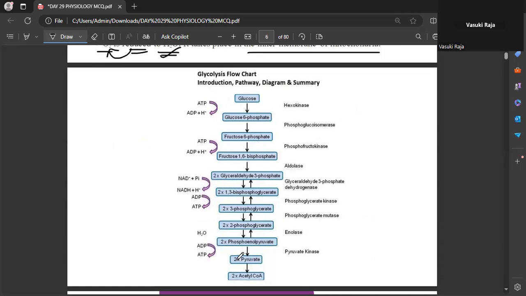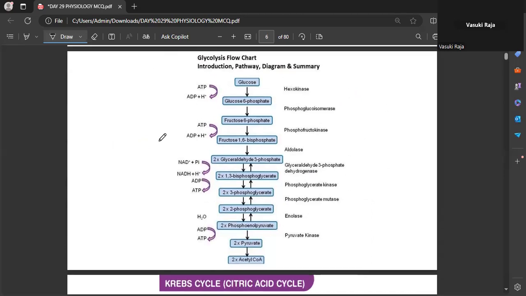Now coming to glycolysis, the most important cycle. See, initially the glucose will be converted into glucose 6-phosphate, and this reaction is catalyzed by an enzyme called hexokinase. Whenever the name of an enzyme has the suffix kinase, definitely the enzyme has a function: they are going to add a phosphate group.